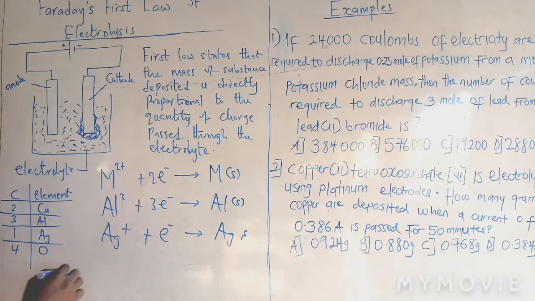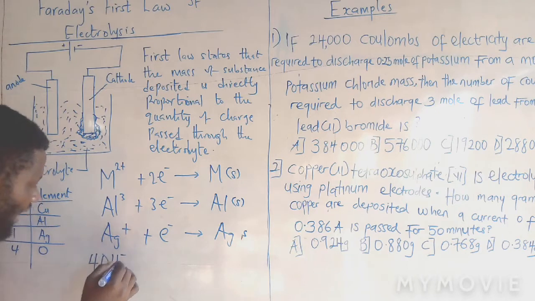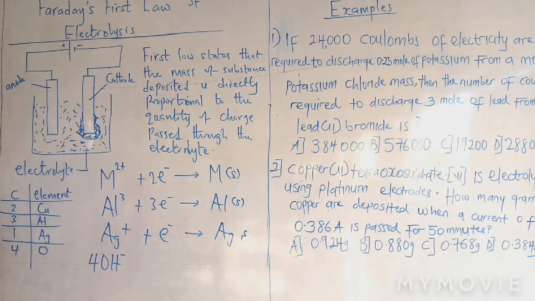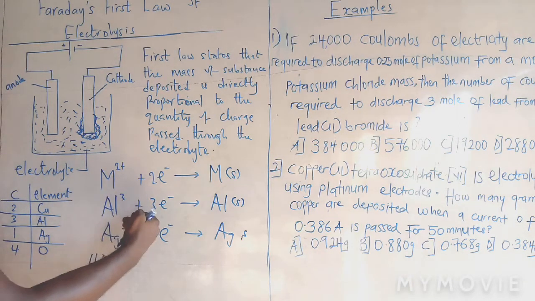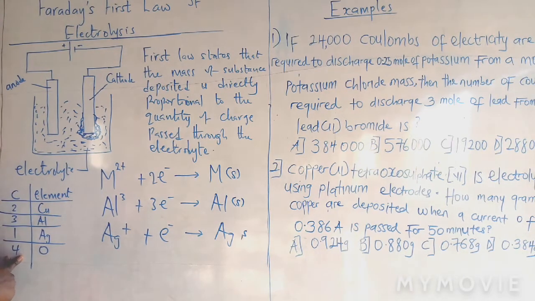For oxygen, it is 4OH negative. I'm talking about the cation alone. But let us have it in mind that for oxygen, the charge is 4 because it requires only 4 electrons to become deposited as oxygen gas.